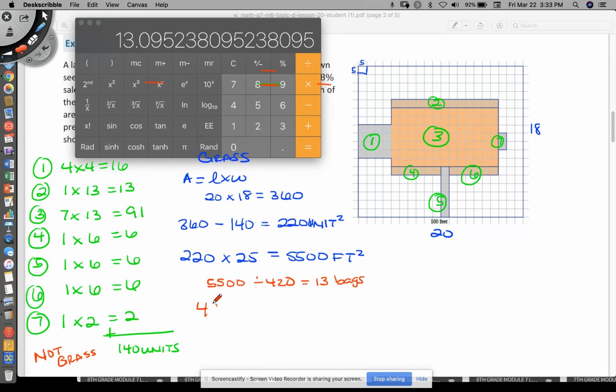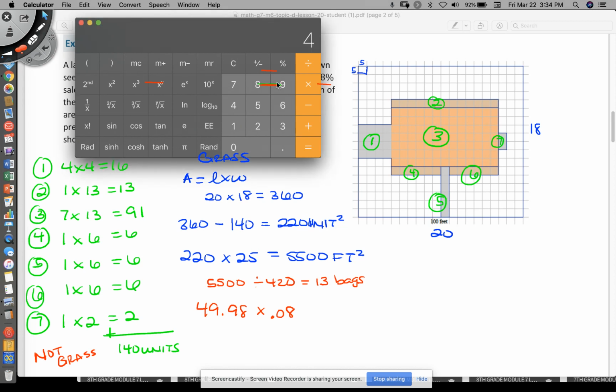So up above, it said that they are $49.98, and I have to add in a sales tax of 8%, which means I multiply by 0.08. So I'm going to grab my calculator here, $49.98 times that sales tax, which means roughly I'm going to add about $4 onto this.